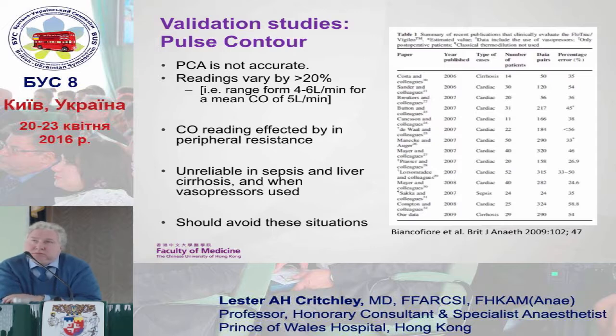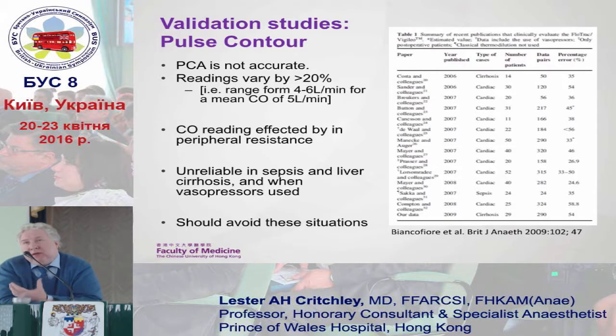Or if the cardiac output is 5, the reading you get can range from 4 to 6.